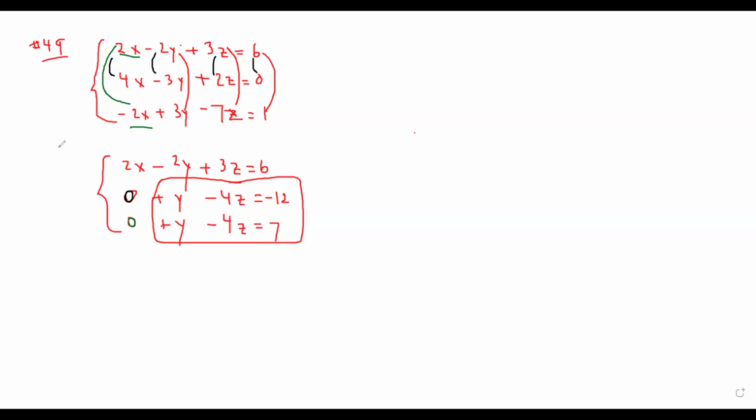And notice when I subtract, everything on the left side will disappear, because y and y will give you 0, same, minus 4z, and subtract another minus 4z will give us a 0. And then when I subtract 7 from minus 12, it would be minus 19. And this is not correct. So remember what this means? No solution.